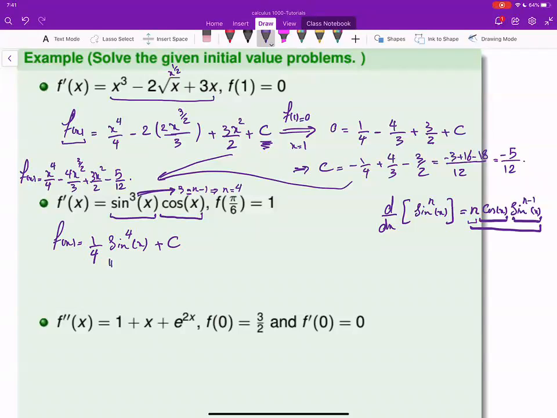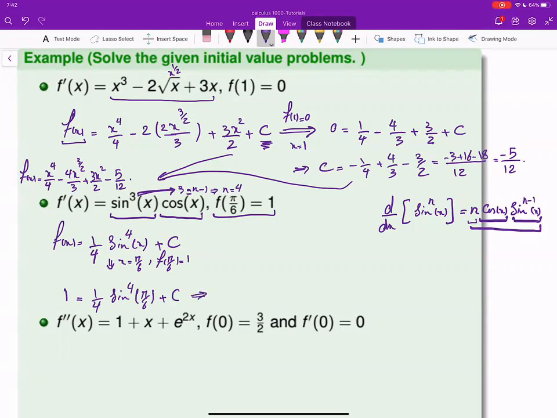Now I want to implement the initial value. If x is pi over 6, the value of the function is going to be 1. So if I plug in, I will get 1 over 4 sine to the power 4 of pi over 6 plus c.